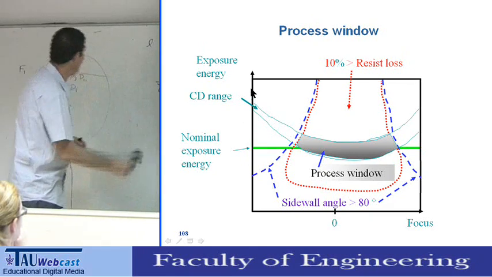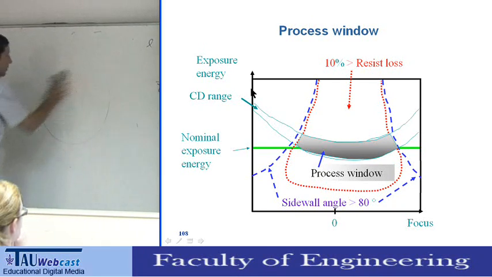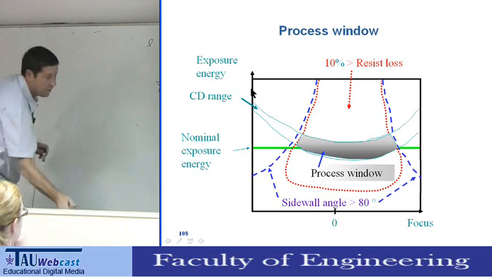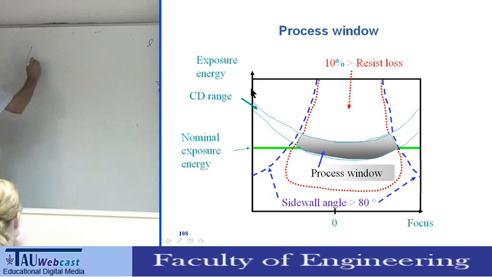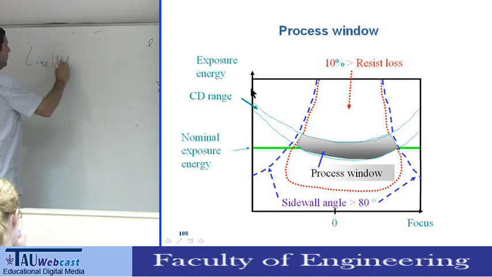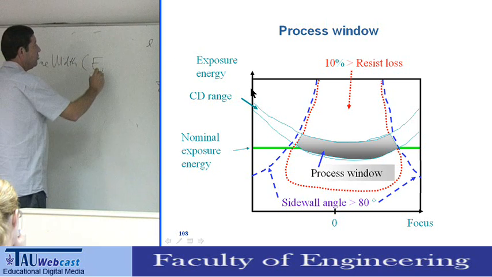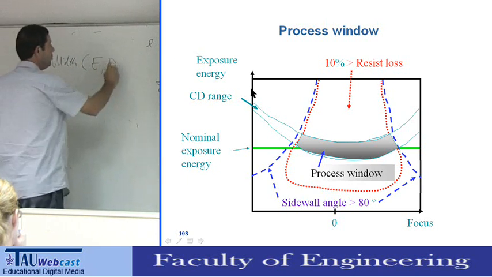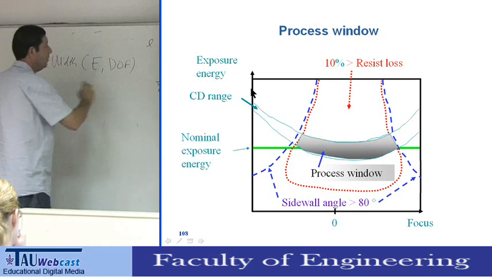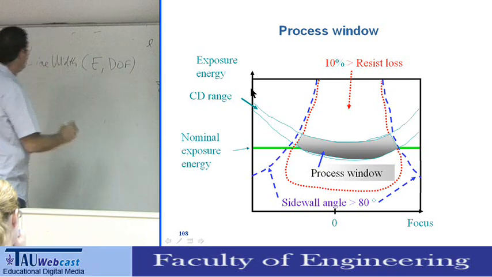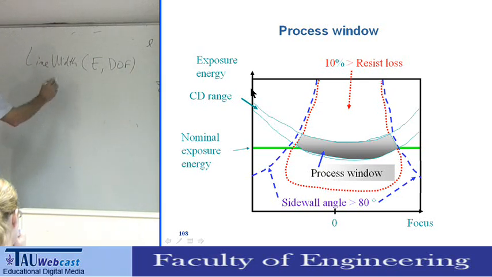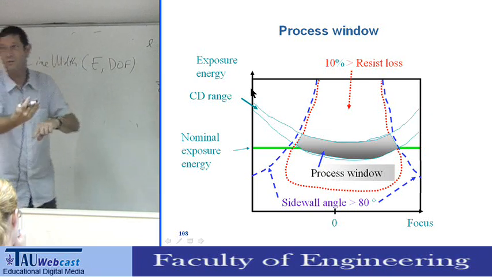So if I have three variables, the line width is a function of the energy, or the dose, and the depth of focus, or the focus place, I can always choose one variable to plot as a function of the other two variables.